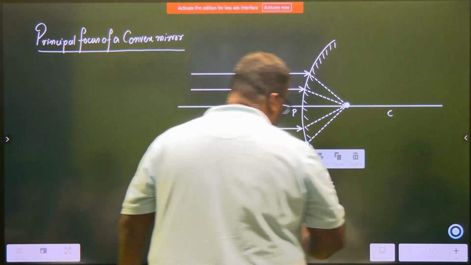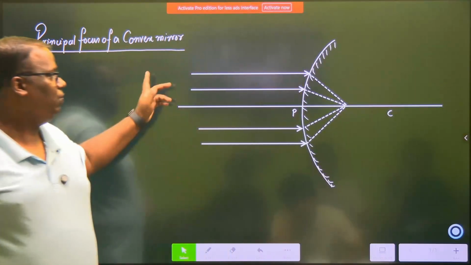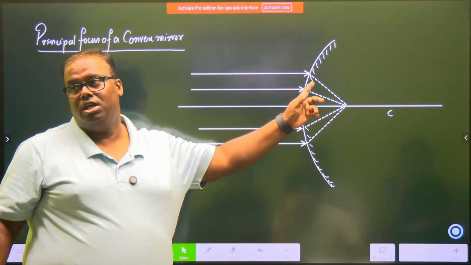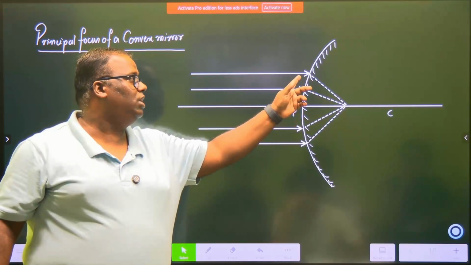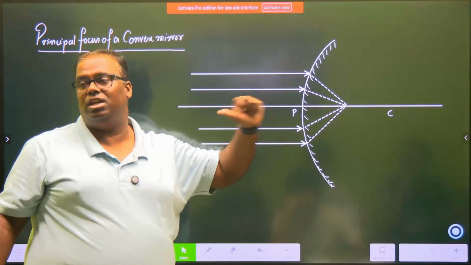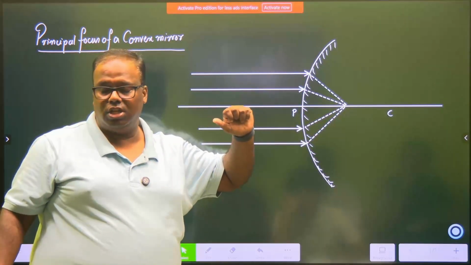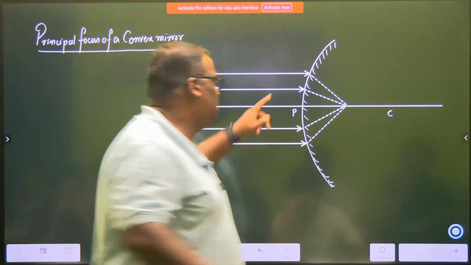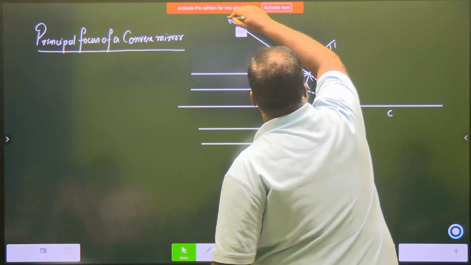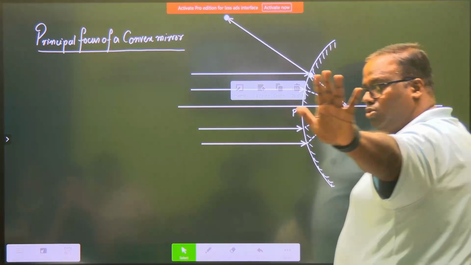Okay. Now look at the first ray. The first ray is coming and hitting on the surface. That's the convex surface. The first ray, now you don't expect the ray to cross across a mirror. This mirror will not converge the ray. It will diverge the ray. So this ray will get reflected in this manner. Hang on, I'll give you time to draw.